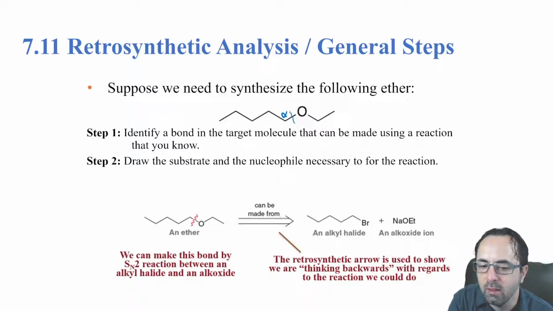And so this arrow with the two lines is meant to indicate a retrosynthetic way of thinking here. So we're saying that this can be made from an alkyl halide with this strong base, strong nucleophile doing an SN2 attack.